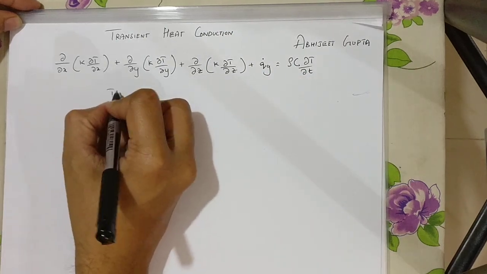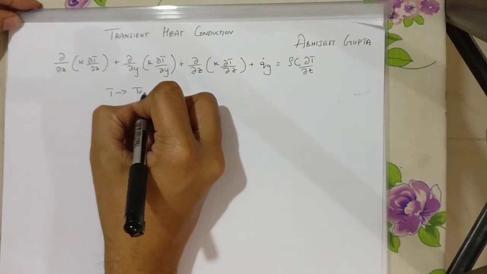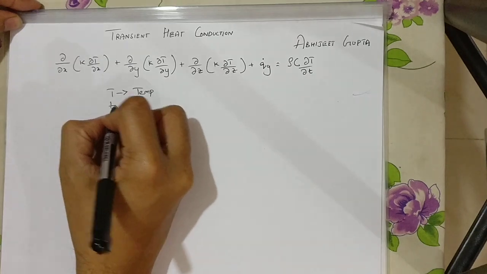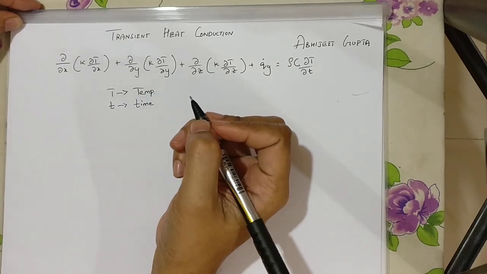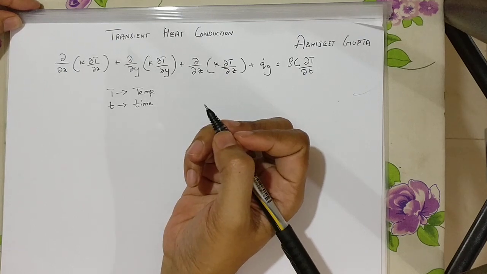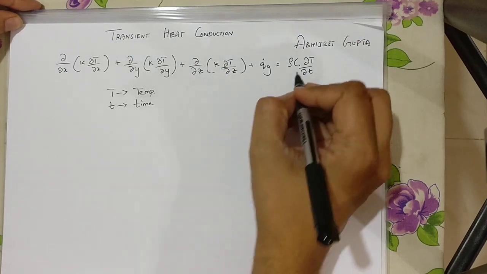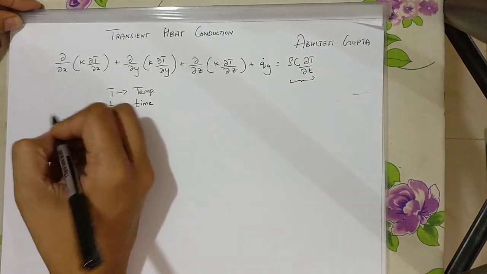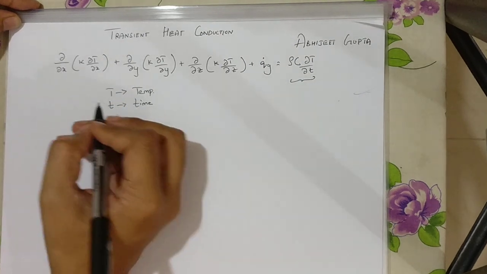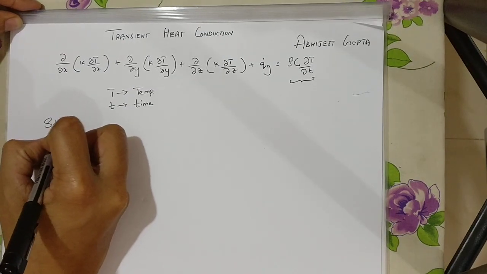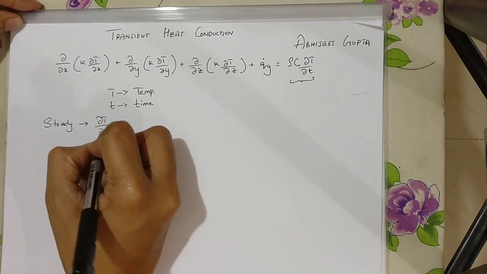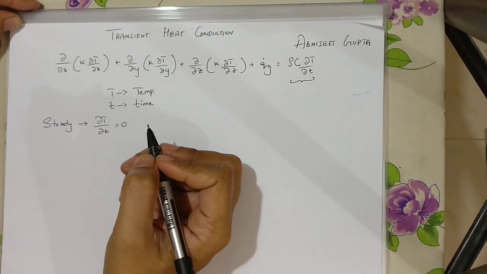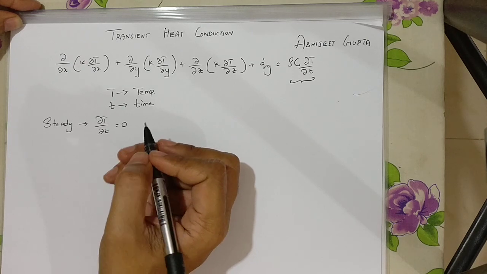So where capital T means temperature and small t means time. Now if you all remember, in our earlier chapters we haven't considered this parameter at all, because in steady conduction we have always taken that dou T by dou t is equal to 0. That means no parameter changes with time.